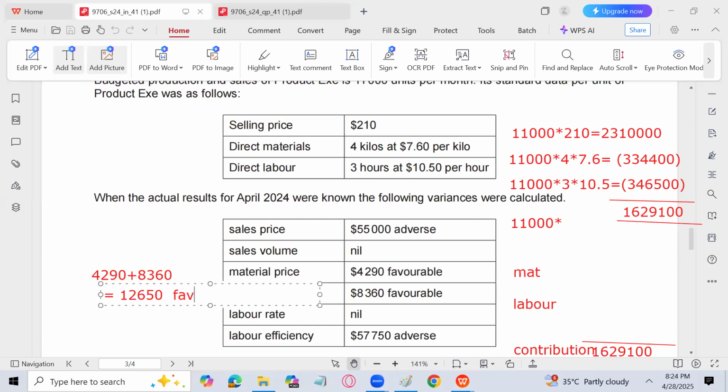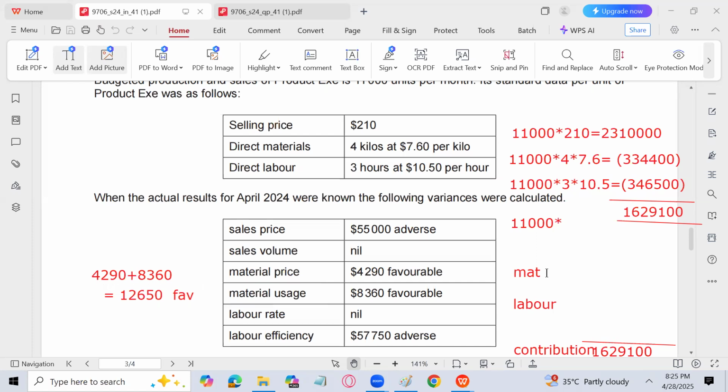Total material variance, what does it mean? Favorable means that the actual material cost is less than the standard material cost by 12650.